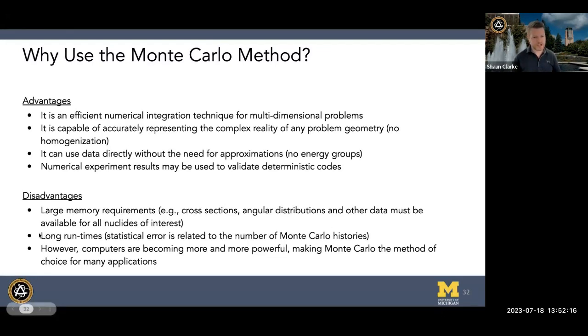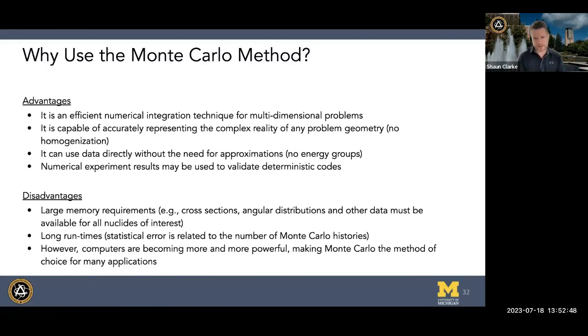The second one is potentially long runtime. So fundamentally, the statistical reliability of your calculation depends directly on the number of samples, the number of histories. So to get an accurate estimate, you need a large number of samples. So depending on how complex the problem you're solving is, it could take a long time to simulate all these samples. But again, computers nowadays are becoming more and more powerful.